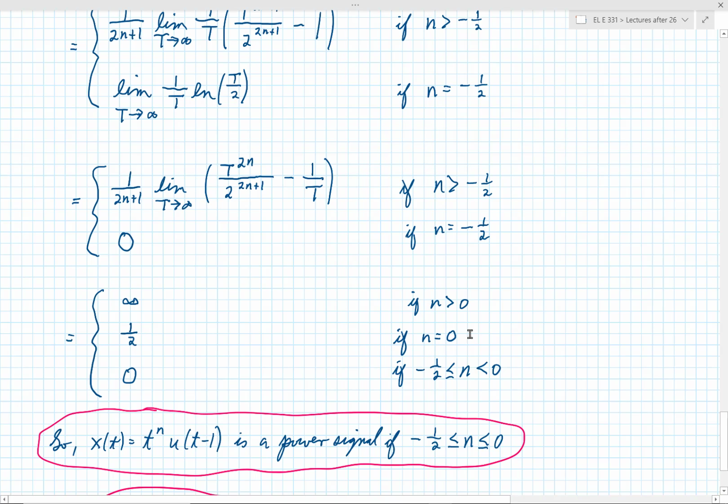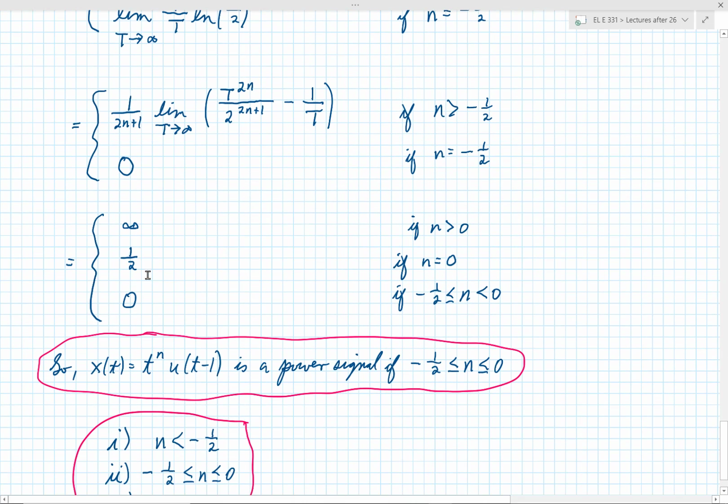Remember, this is the average power here, and so the average power is finite in these two cases, but it's infinite right here. So we have a power signal if n is equal to 0, or if negative 1/2 is less than or equal to n is less than 0. So we can put those two together and say this is a power signal if negative 1/2 is less than or equal to n is less than or equal to 0.